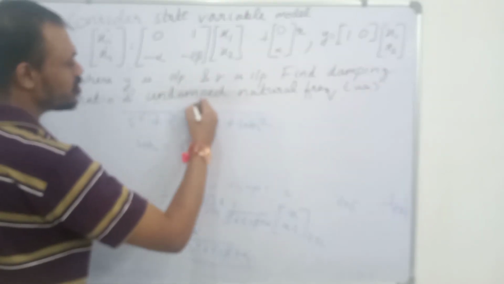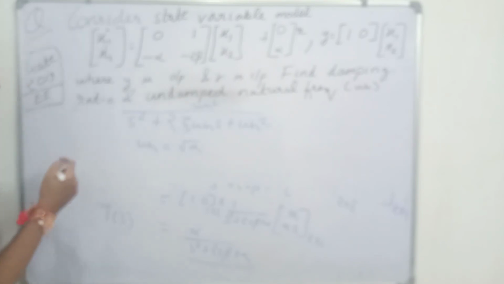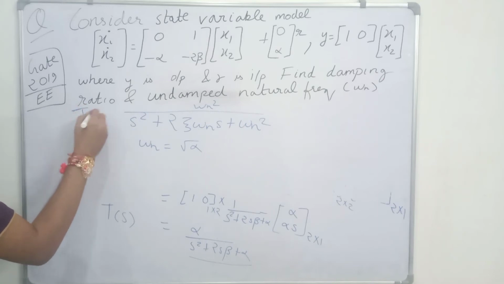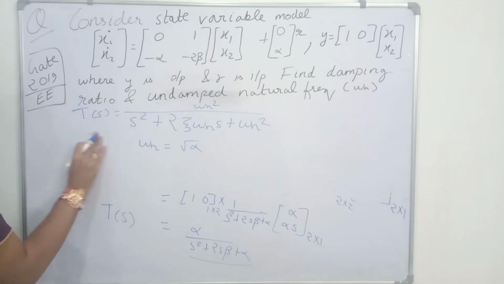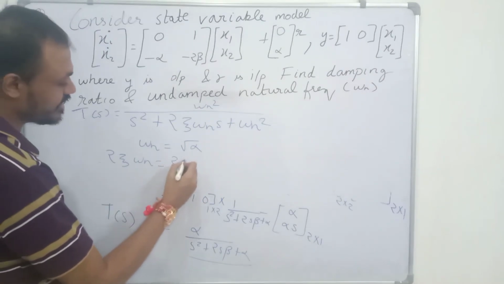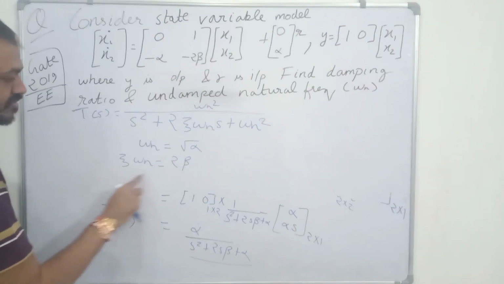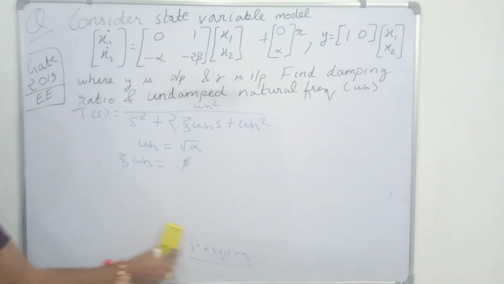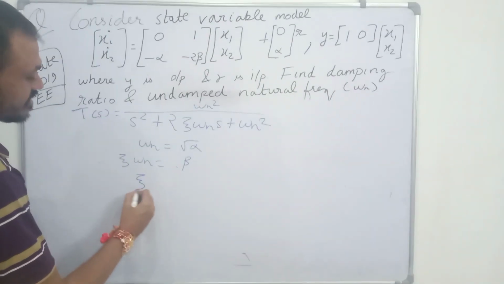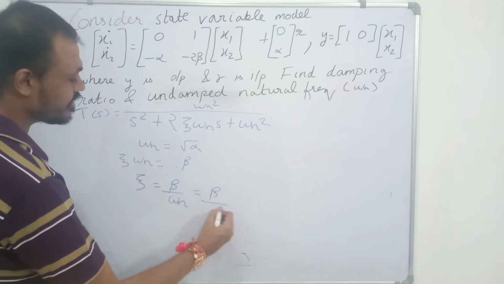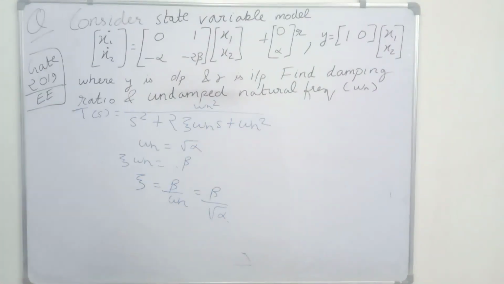And 2 zeta omega n is equal to 2 beta, so 2 will cancel 2 and zeta will be equal to beta upon omega n. So this will be equal to beta upon under root of alpha. So the damping ratio is beta upon under root of alpha and natural frequency is under root of alpha.